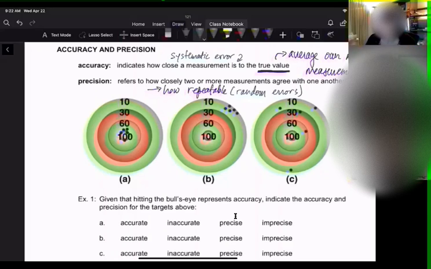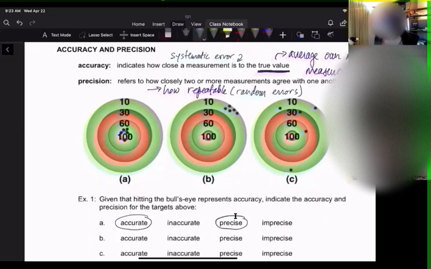And as you take more measurements, they're going to average to one value that we end up agreeing on through many, many measurements, statistical numbers, like hundreds of measurements at least. For target A, that has lots of measurements. They're close together, and they're right on the bullseye. So it's accurate and precise.